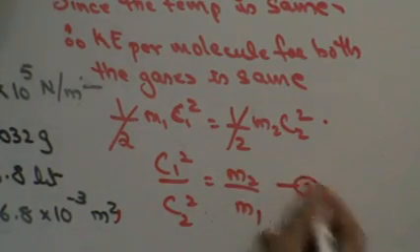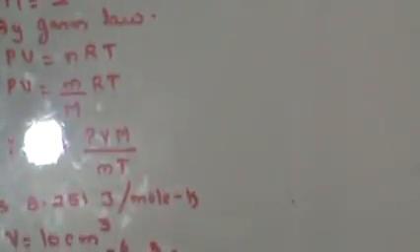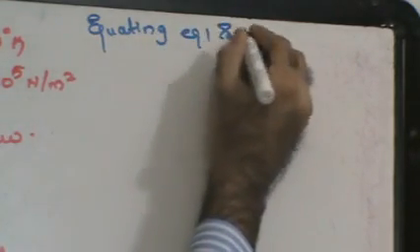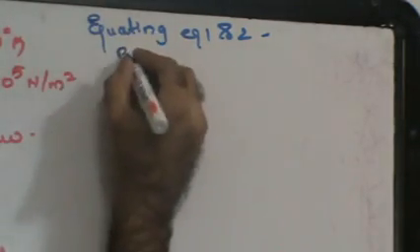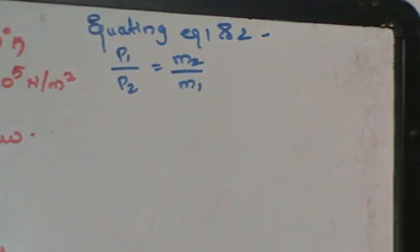Let's call this equation 2. Let's call this equation 1. So if I equate equation 1 and 2, I can say that P1 upon P2 is M2 upon M1, right?